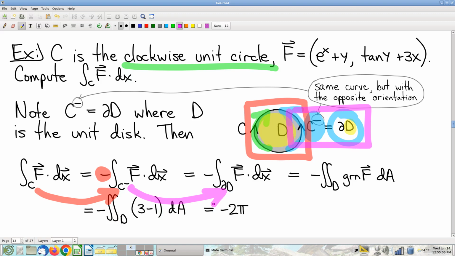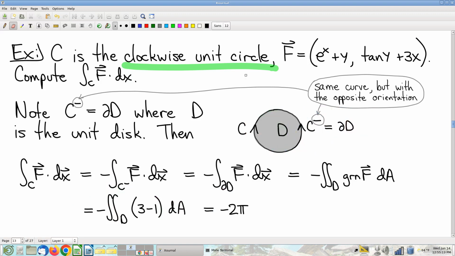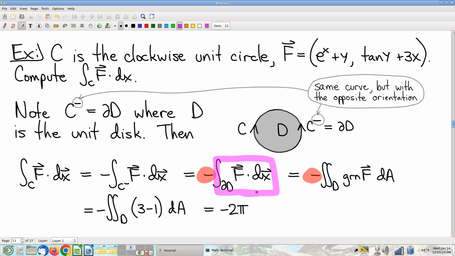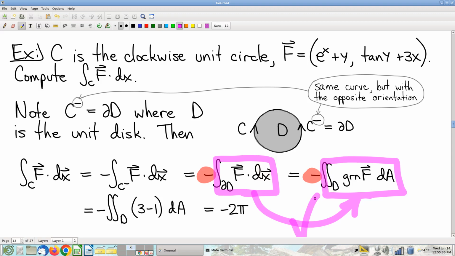Everybody on board? Okay. And so, all right, well now we're in business. We are off and running, because now don't forget your minus sign. It is easy to forget that minus sign, but that does have to come along directly. Then I can say, oh, boundary circulation. Cool. Green's theorem tells me boundary circulations are computed as double integrals over the interior of Green's operator, whatever that is. So here's where we use Green's theorem.